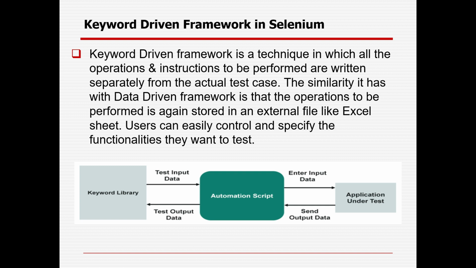The similarity it has with the data driven framework is that the operation to be performed is again stored in an external file like an Excel sheet. The user can easily control and specify the functionality they want to test. So keywords will be there, and through the keywords you will be writing or deriving the automation script, and that automation script will be interacting with the application under test, both way communication.